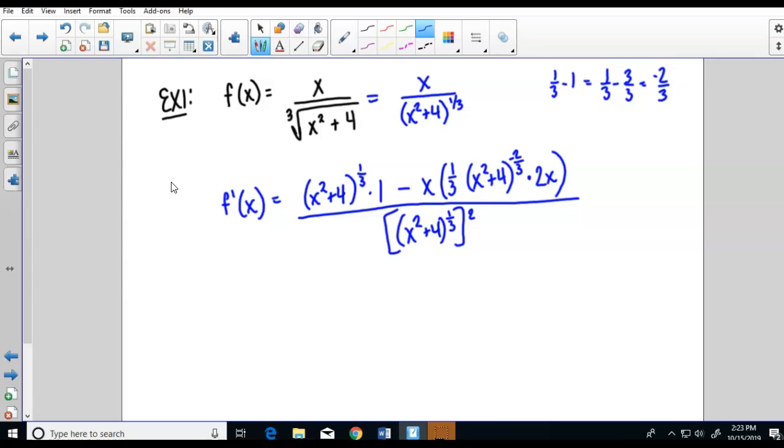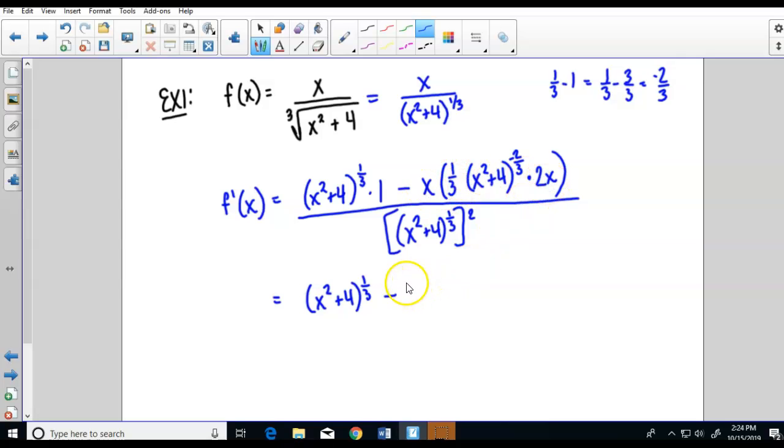So you've got a lot of stuff going on here. Simplifying is not very easy to do, but we can do it. First I like to clean this up a little bit. This first part you can't really do anything with, x squared plus 4 to the 1/3. Minus, over here I've got 1/3 x and 2x.